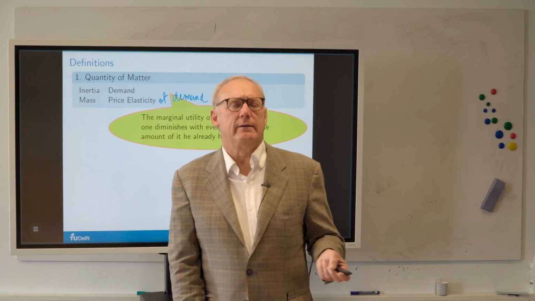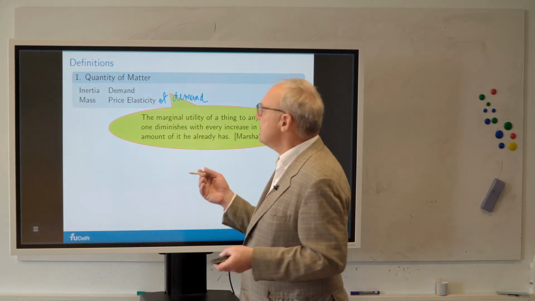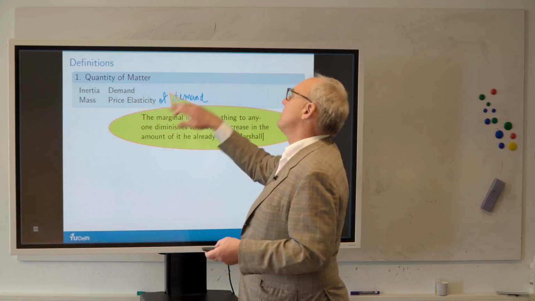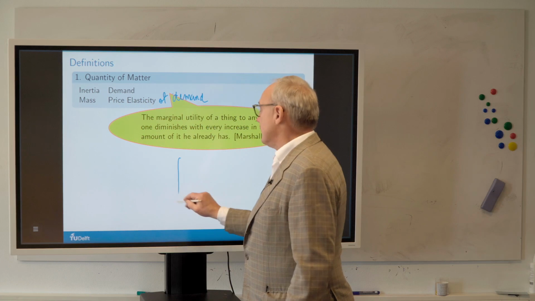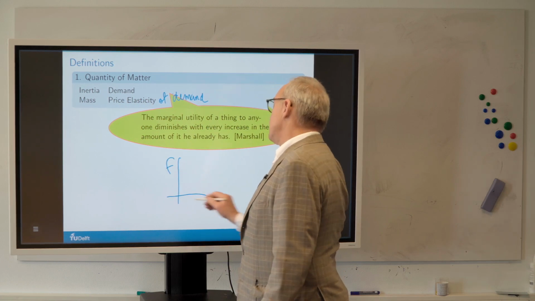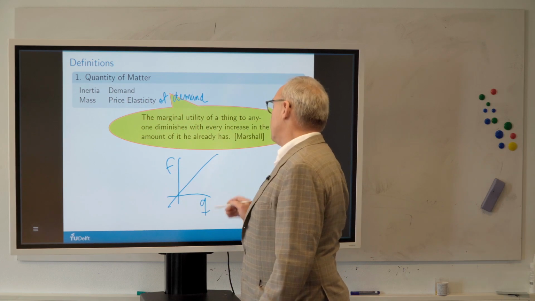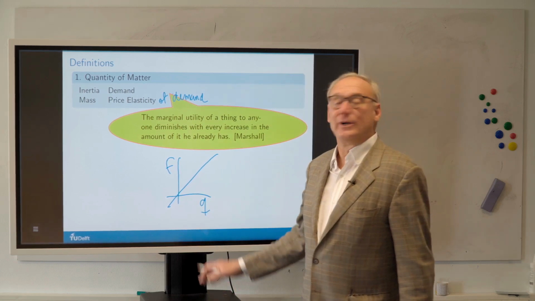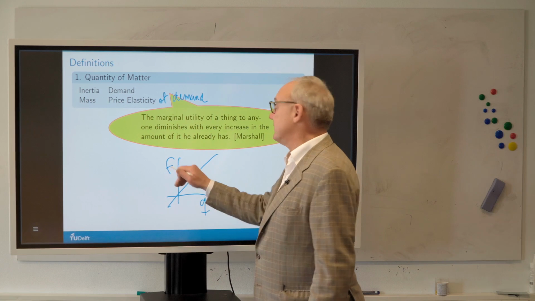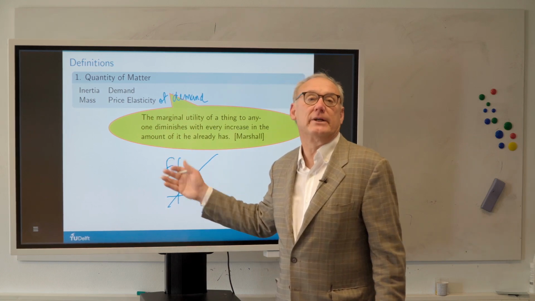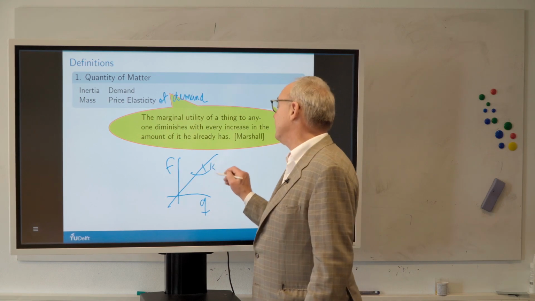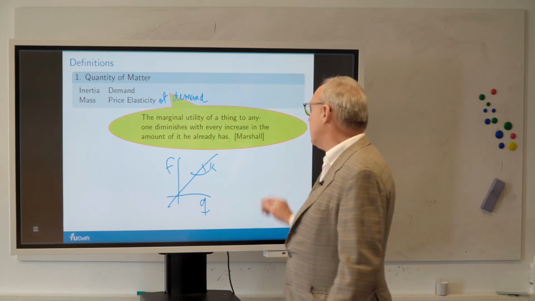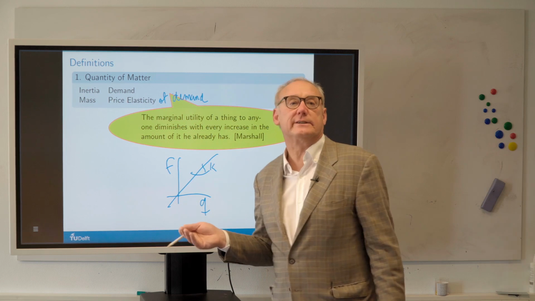It's better said that to inertia or mass corresponds the price elasticity of demand. You can also look at the convenience elasticity of your stock, or the storage elasticity of your convenience yield, and that will be the stiffness.